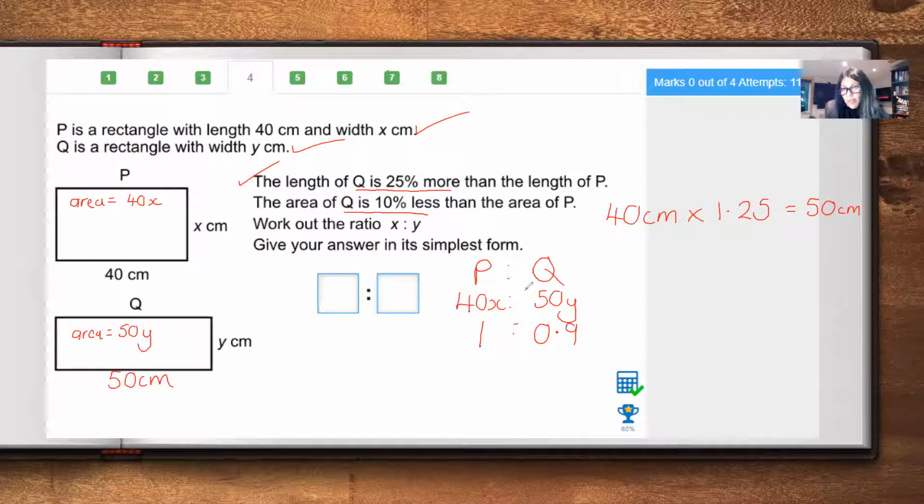Now we need to do something with this. Sometimes in maths, if you don't like the numbers being used because you're not sure what to do, break it down into nice, easy numbers. So if the ratio of x to y was, let's say, 2 to 4, I can cross multiply, and I'll show you why.